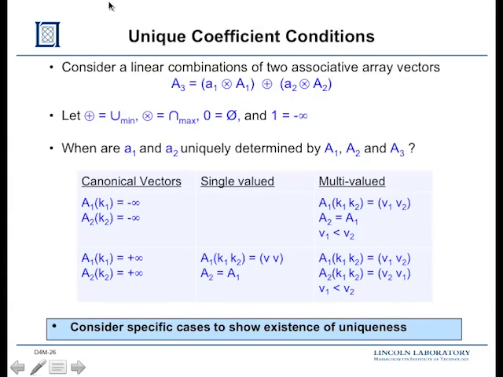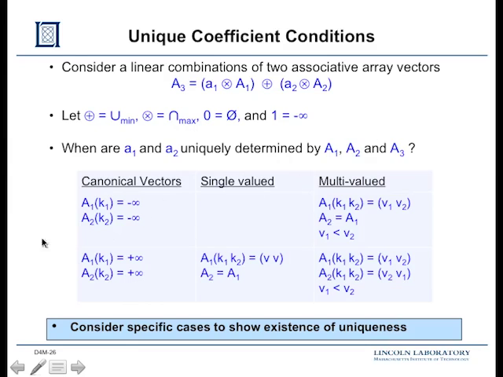So one of the things is consider a linear combination of two associative array vectors. Under what conditions do they create a unique result? This really depends on what you choose. For instance, if we have vectors a1 and a2, when we multiply them by coefficients, and we use these as our plus and our multiply, and this is our 0 and 1, where are the coefficients uniquely determined?